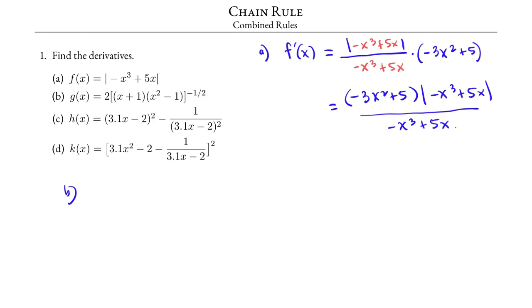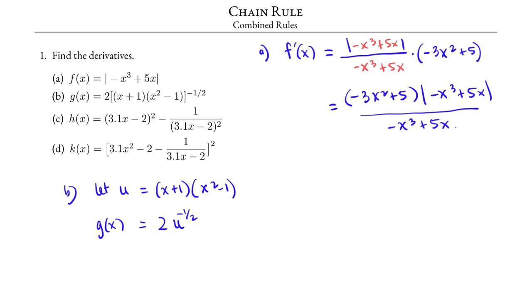To make things simple, we might let u be x plus 1 times x squared minus 1, which is the inner function. And so we rewrite g of x as 2 times u to the negative 1/2.